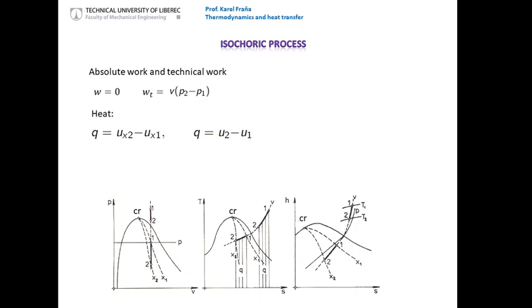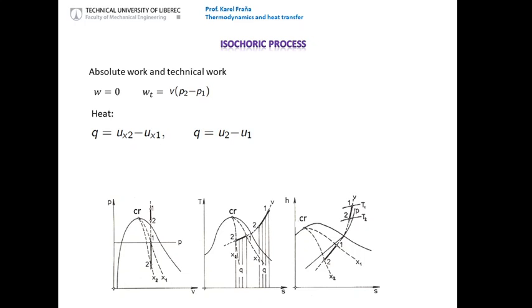Please don't forget that you cannot now use the approximation to express the internal energy, because you cannot use the temperature. If you use the temperature, it will be valid only for the ideal gas and not for the real gas. But I told you that steam is nothing else than a real gas. It will be very dangerous to use the assumption which we have already used for the ideal gas.